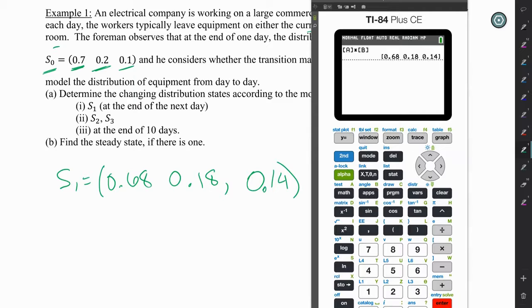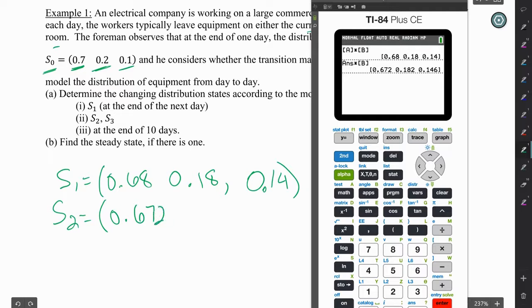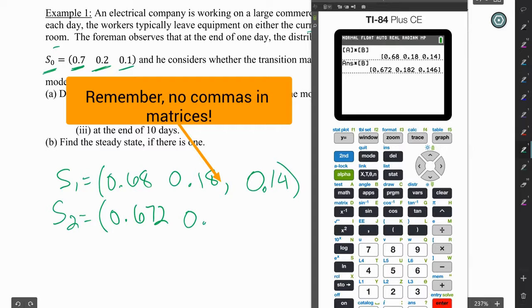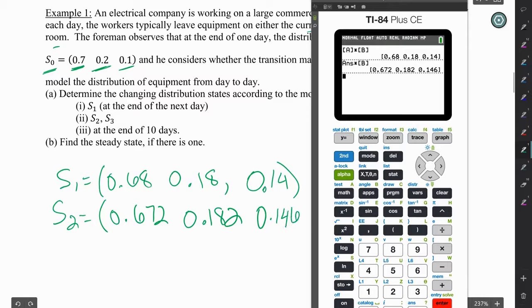So now from here to find S2, I keep that answer and I just say, okay, I'm going to take that state, the state at the end of day 1, and I'm going to multiply that by my matrix again, so matrix B. So now at the end of day 2, 0.672, no commas, remember no commas in matrices, 0.182, 0.146. So we see that there's already not much movement off of here.